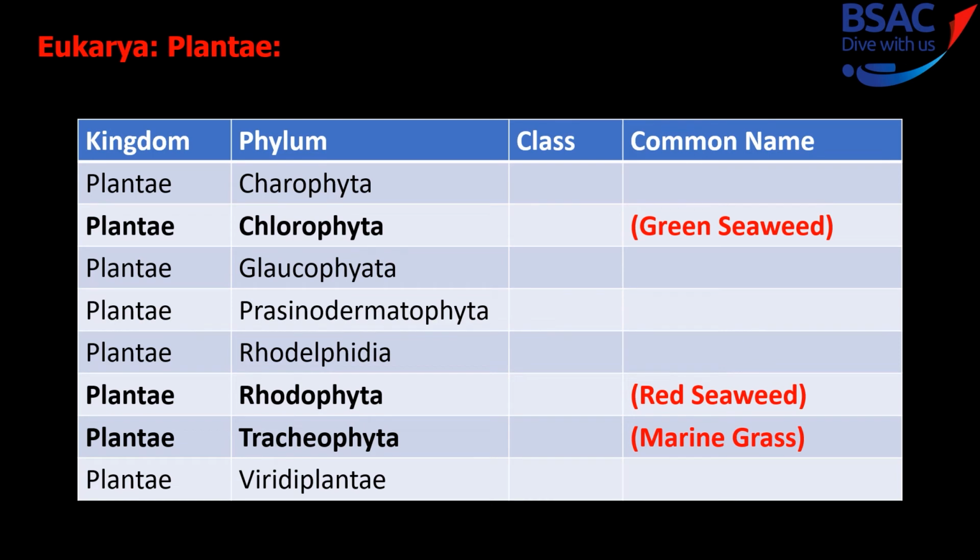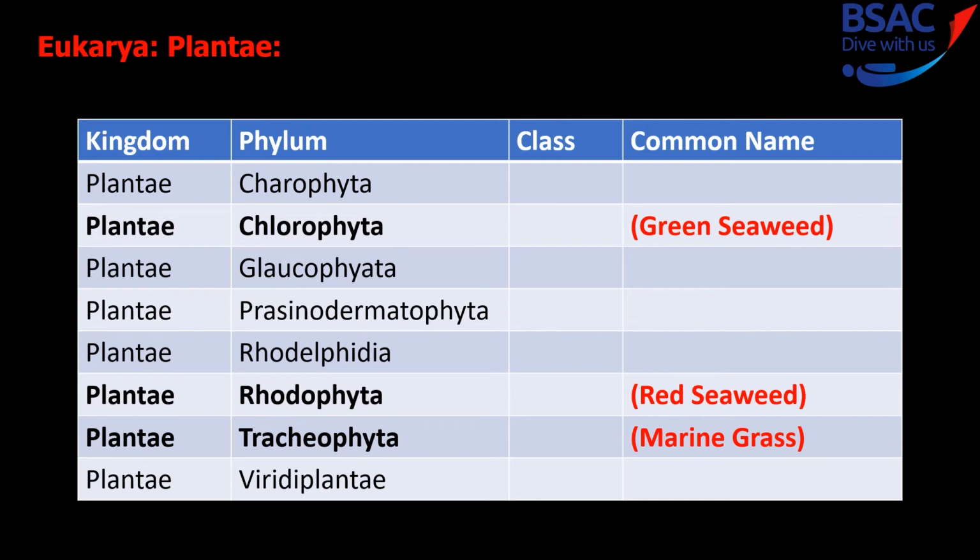Detailed classifications of plants and chromists to the phylum level. Eukarya, Plantae. Within the kingdom of Plantae, we are interested in 3 phyla that occur in the marine environment. These are the Chlorophyta, or green algae, which have chloroplasts that contain chlorophyll A and B, which means they reflect a bright green colour.